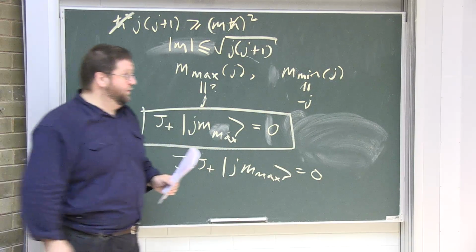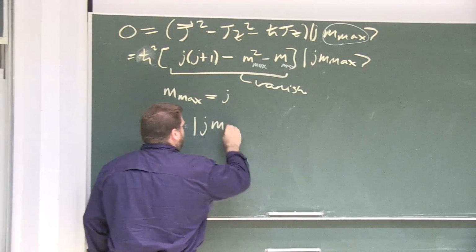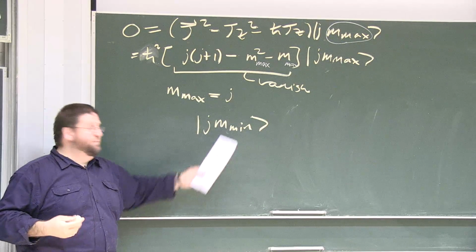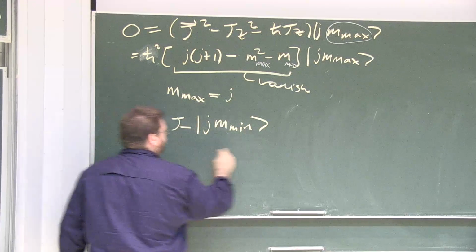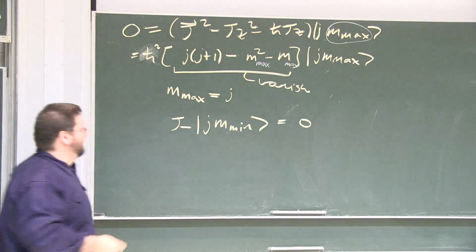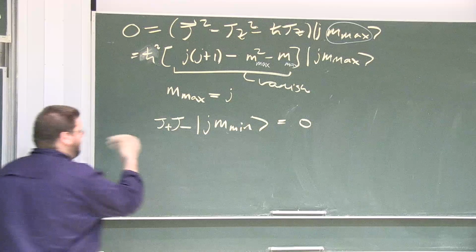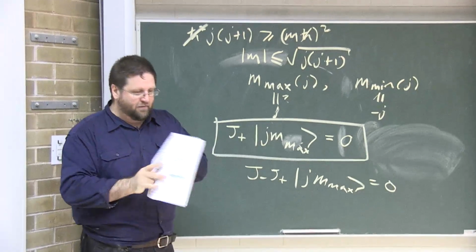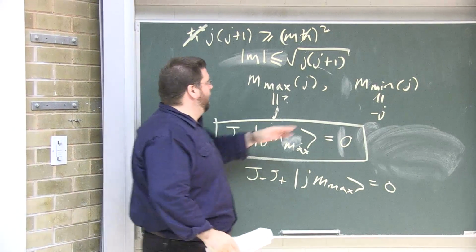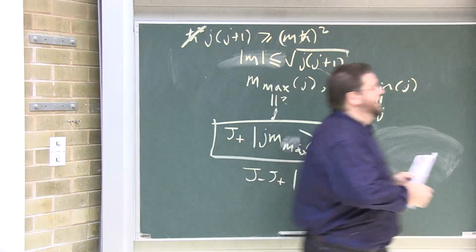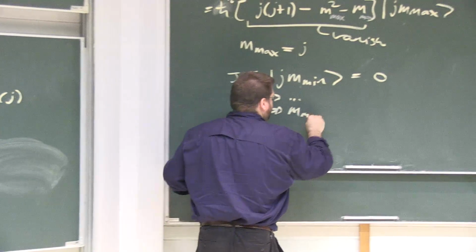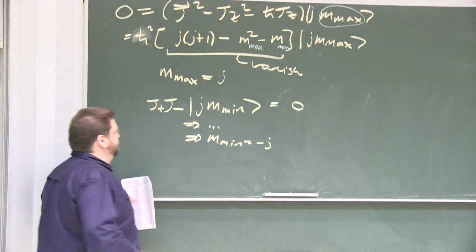If instead you were to begin with an analogous equation, that, using the same logic as given earlier, this eigenket with minimum magnetic quantum number must be annihilated by the lowering operator, pre-multiplied by J plus, use equation 220b, continue, in other words, do exercise 59, and what you'll find is that m min, I'm leaving the steps out, it's exercise 59, you'll find that m min equals minus j.